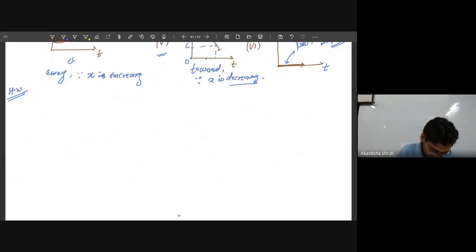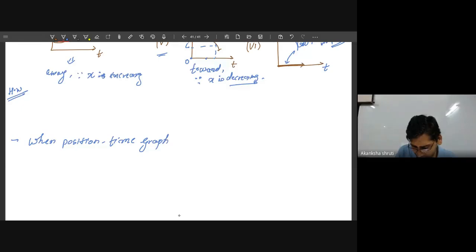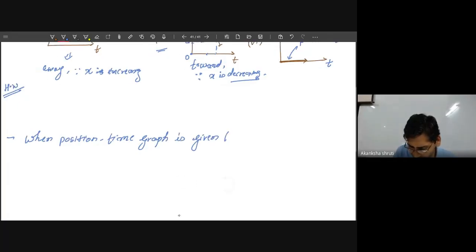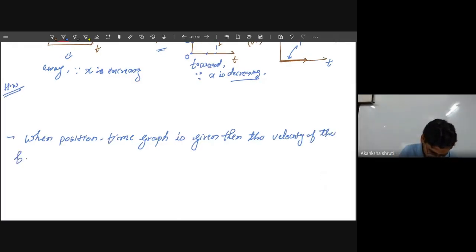So write, when position time graph is given, then the velocity of the body can be calculated.